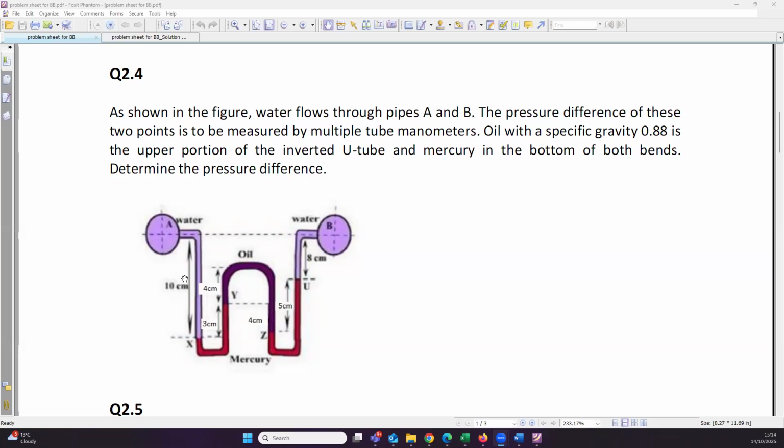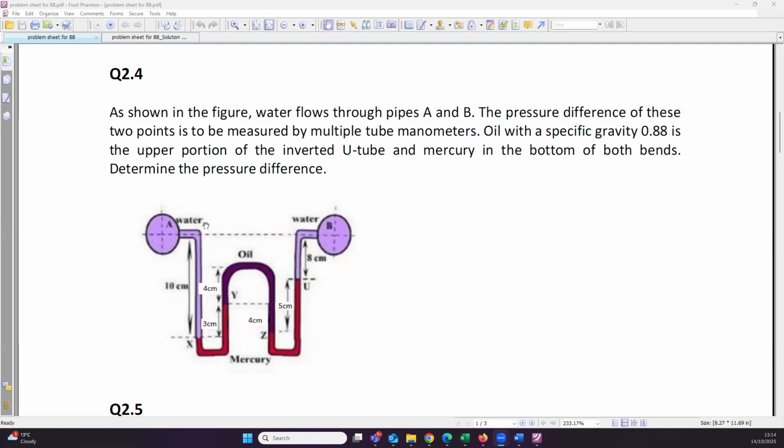Okay, what I was saying is that you have to go from one side, measure the pressure at different points and try to link it with the other side. Okay, that is PB. Now we know that up to this point X, we know the height. So what would be the pressure at point X?